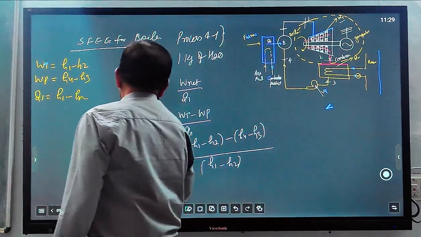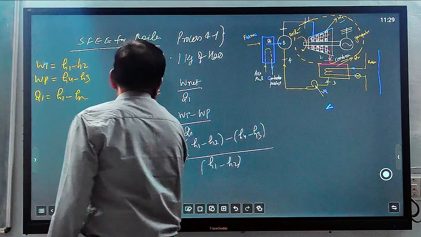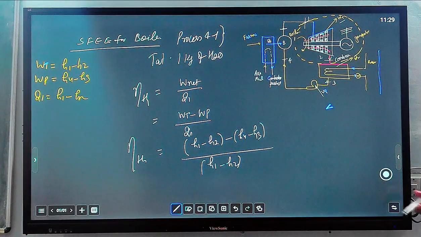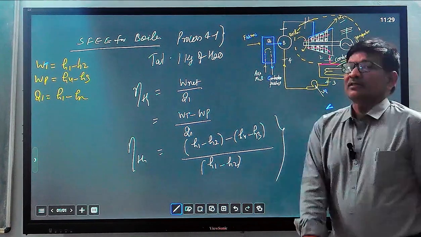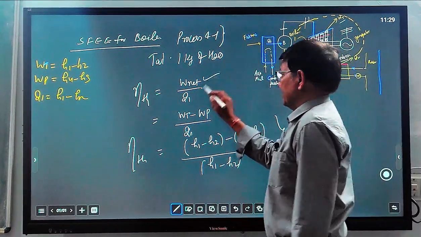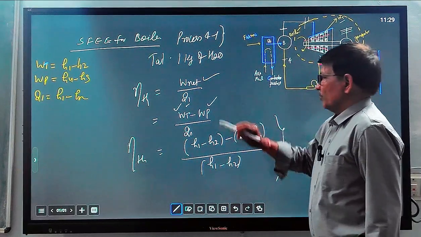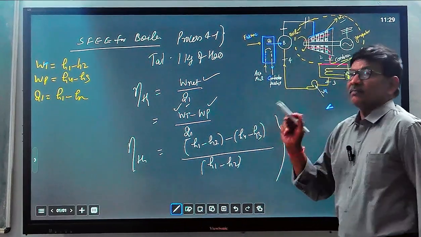This is the thermal efficiency in terms of the enthalpy, because in actual problem solving you have to use this equation. For solving you have to use W net and Q1, and you have to find the turbine work, pump work and Q1 from the enthalpy chart.